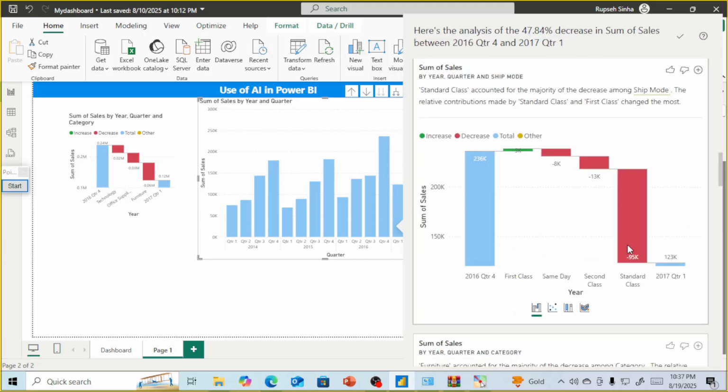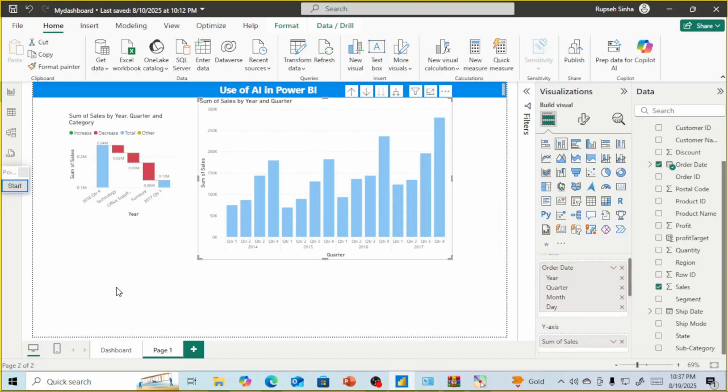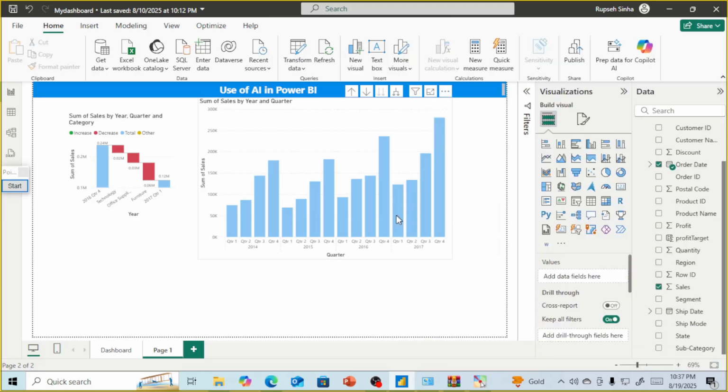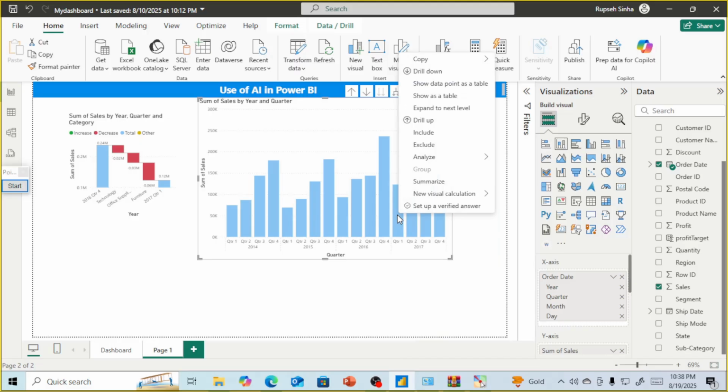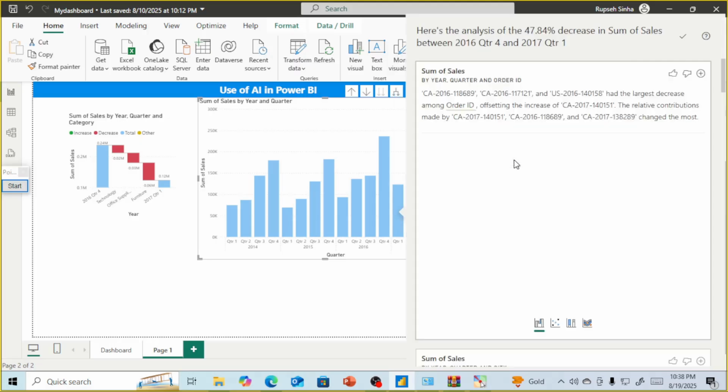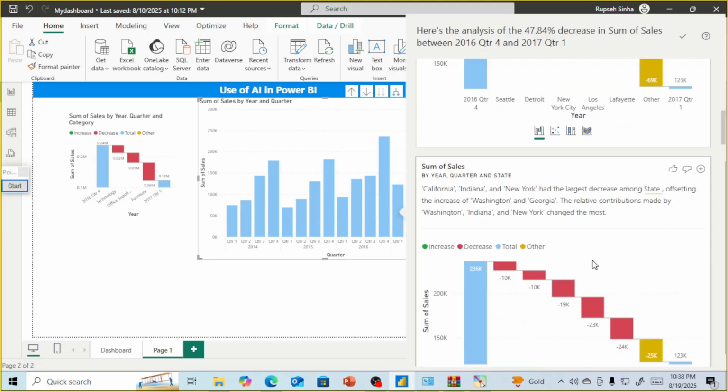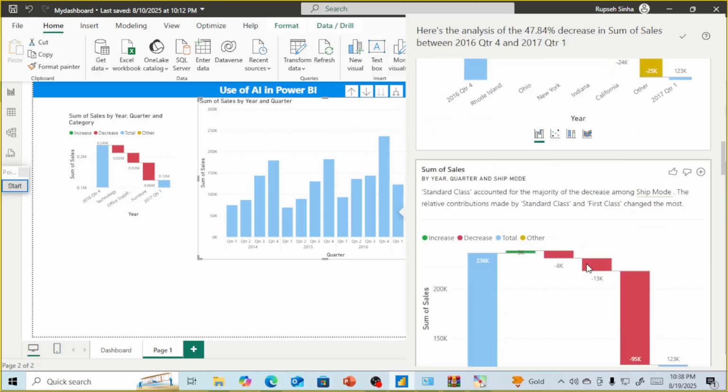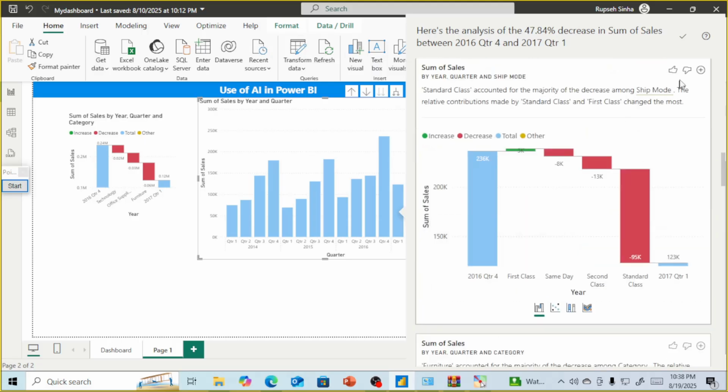Standard class is also contributing a lot of losses, so I would like to take standard class also in my report. So again we are going to click on plus.